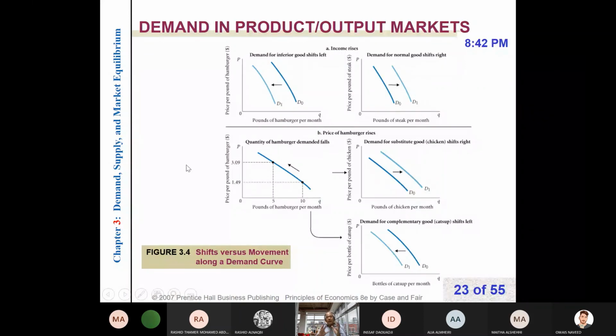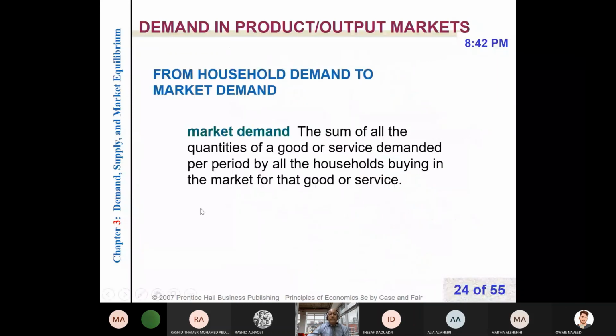So hopefully you understood the movement and the shift of curves, how curves shift to the right and to the left. If you don't have a question, we came here to this point, which is called the market demand curve.